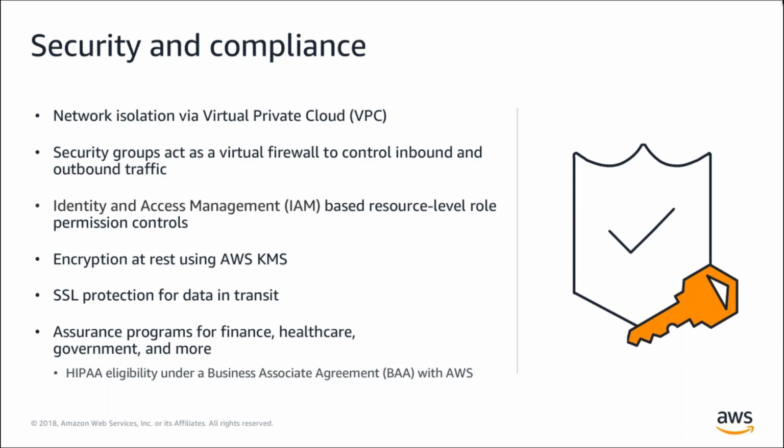We give security groups for every database deployment, which act as your virtual firewall, which controls who can access the database and what outbound traffic of the database you can control.